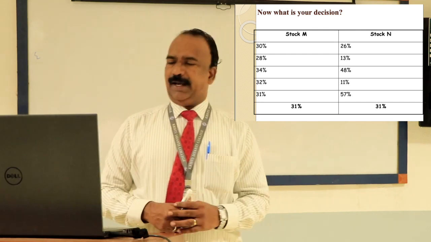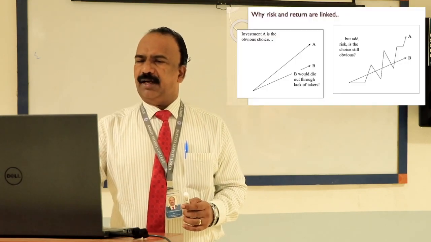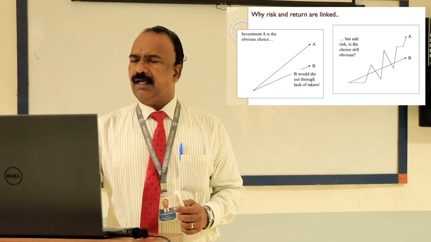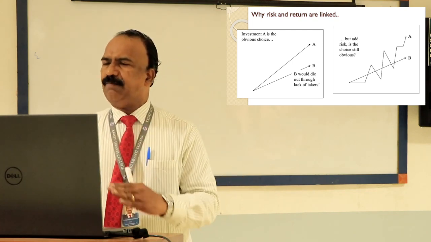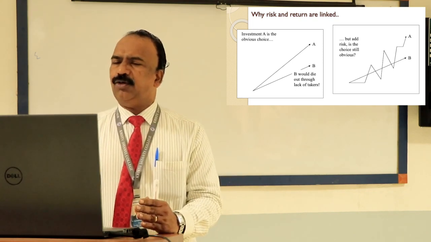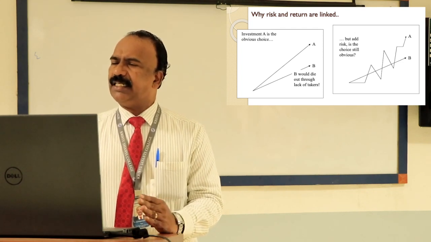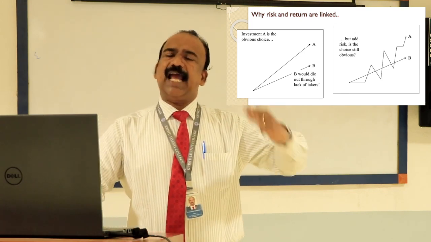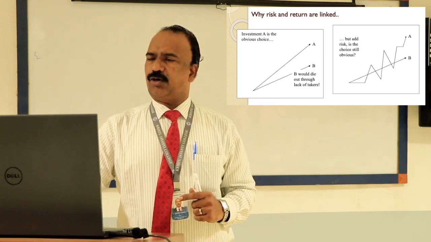Now, which stock do we need to buy? Look at this particular graph. Investment A's return is increasing in comparison to investment B. So the obvious choice is investment A, because investment A's stock return is higher than investment B's.